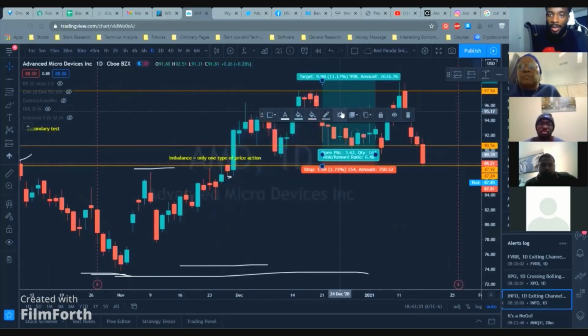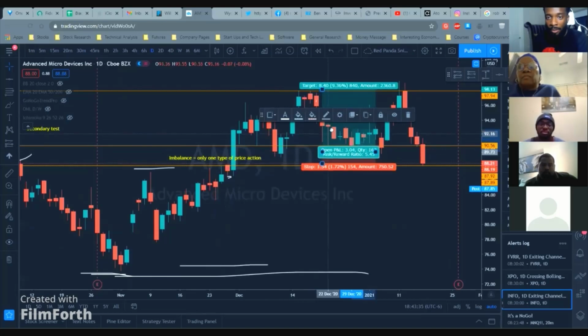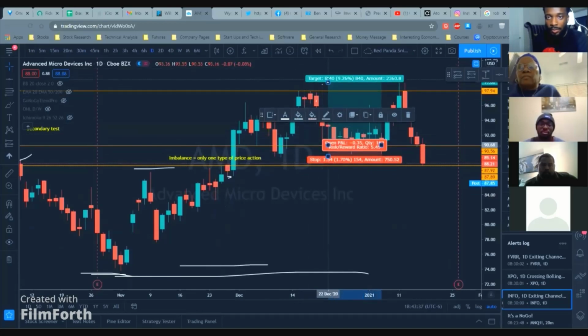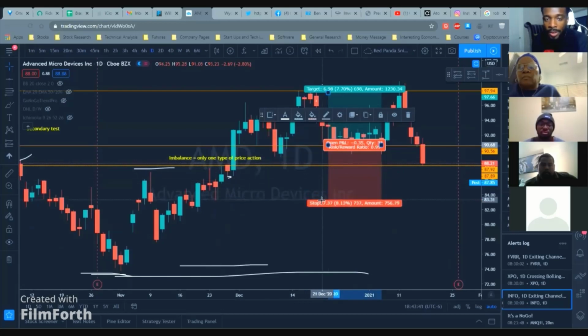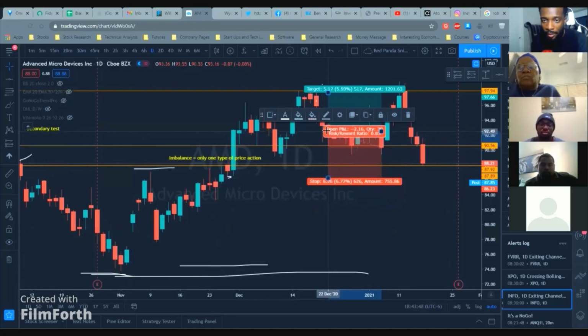Like I'm not going to get in here with a target here. I'm still making my same stop loss, but I'm entering in the middle of this range.